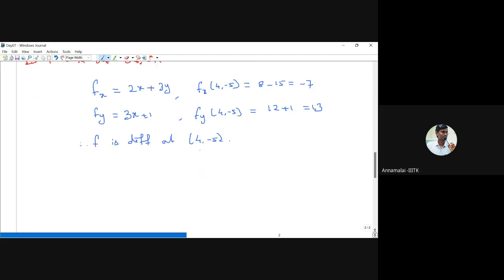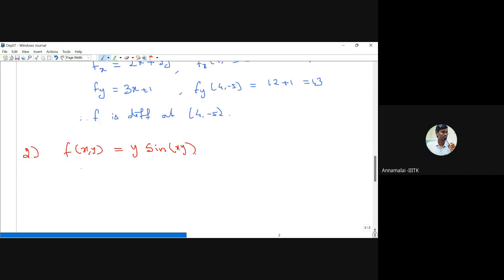Now, next exercise. Exercise 2: suppose f of x comma y is y into sine of xy.